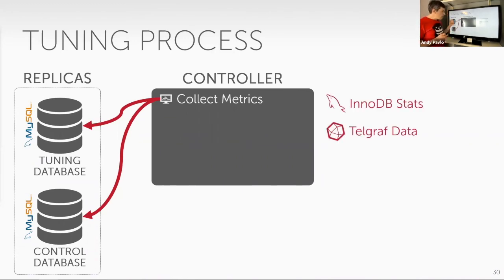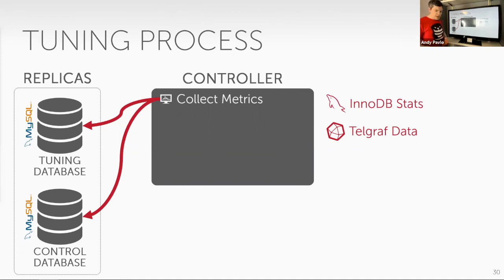So we collect metrics from both, and these are going to be a combination of InnoDB stats and then the Telegraf stats, like CPU utilization and OS level measurements that they would then generate and spit out to Prometheus. So we would connect to the host and get this information and include that all in the data that OtterTune collects.